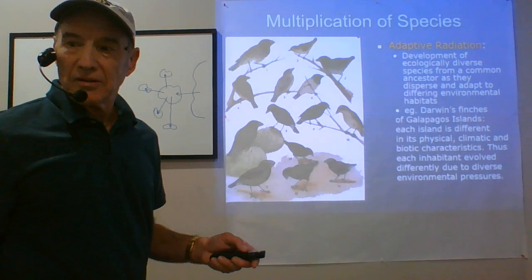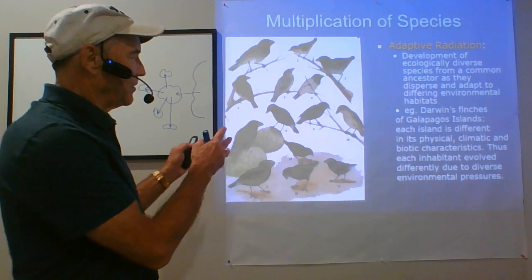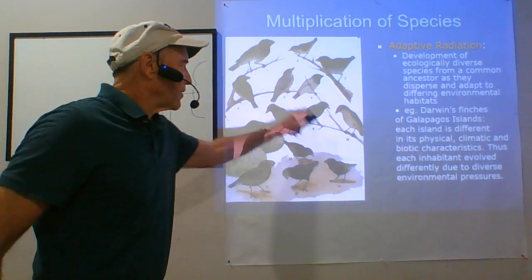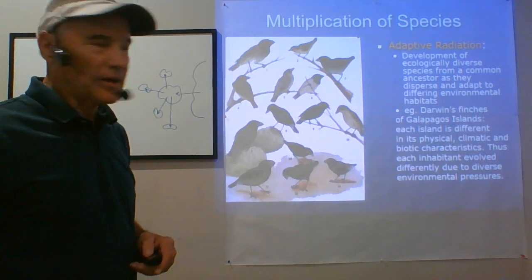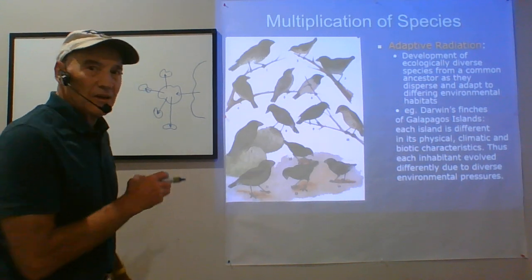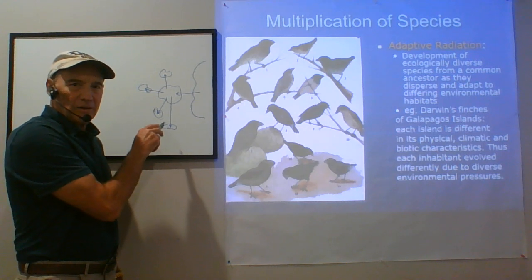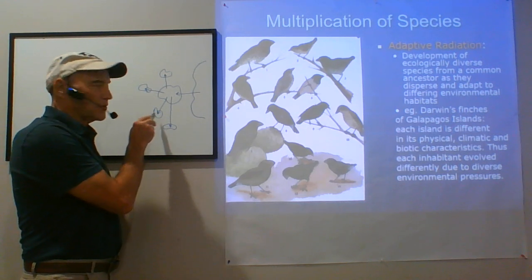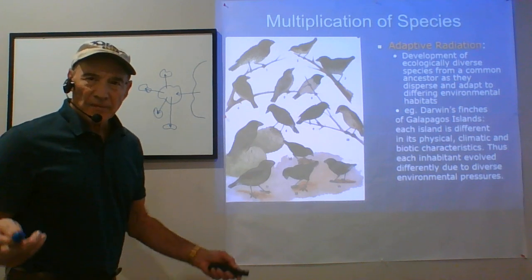Thus, each of these inhabitants evolved differently. Okay? So let's just make it simple. Let's say this island has lots of nuts to eat, and this island has lots of fruits to eat, and this island has lots of bugs to eat.